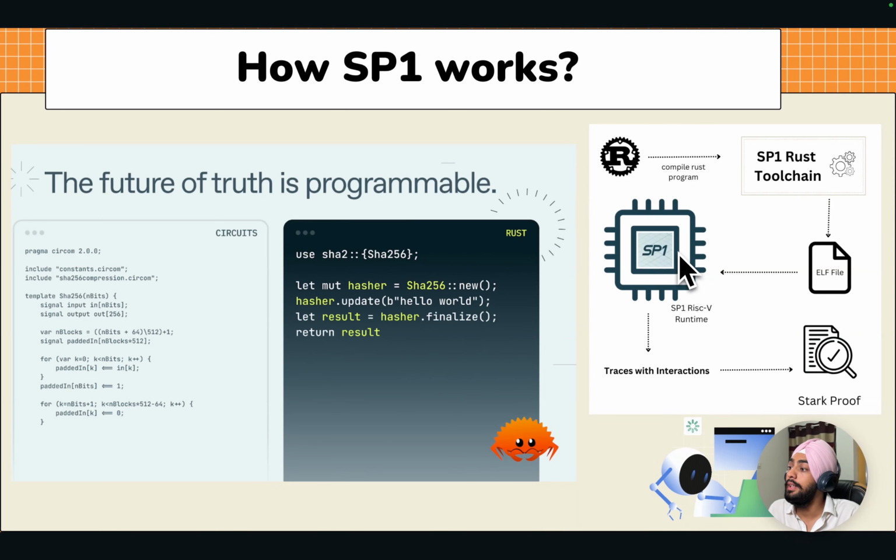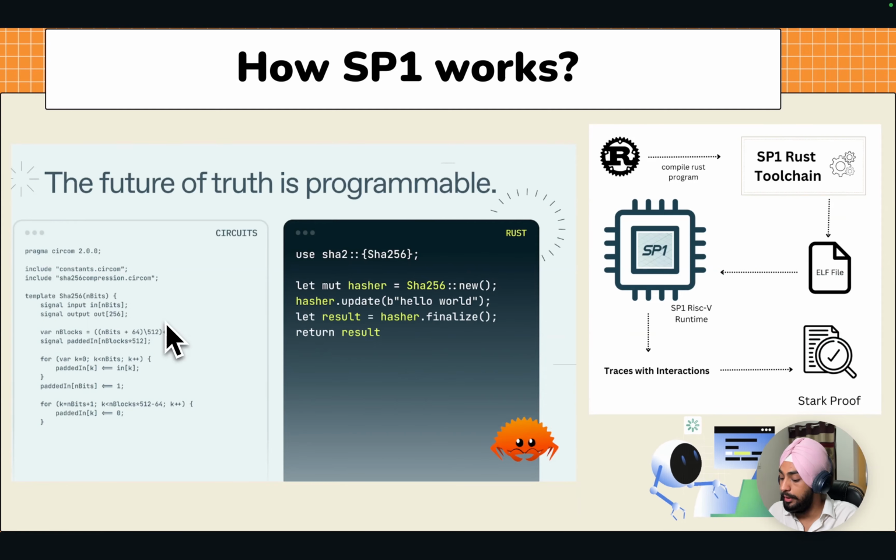And one thing to remember is that behind the scenes, this old circuit stuff is still happening. But for developers, it's a very good experience because you just need to write Rust code, right? Okay, so I think we have talked about SP1.